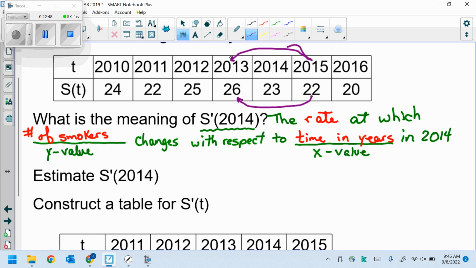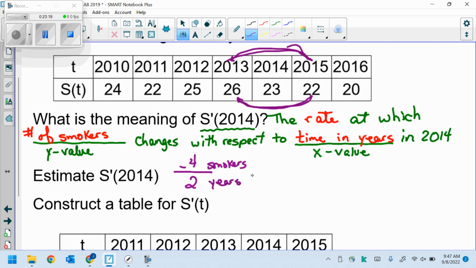So I'm going to have 22 minus 26, or negative 4, over 2015 minus 2013, 2. Now I've got to have units. The units up here represent negative 4 smokers, and 2015 minus 2013 was 2 years.